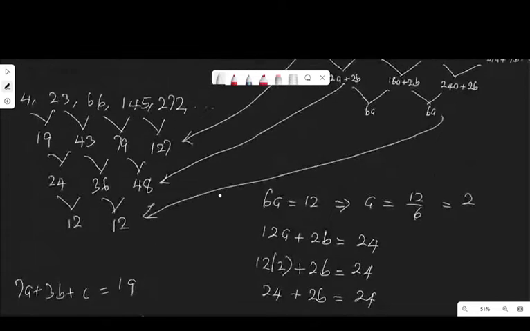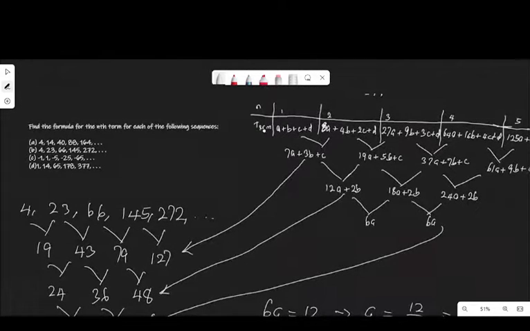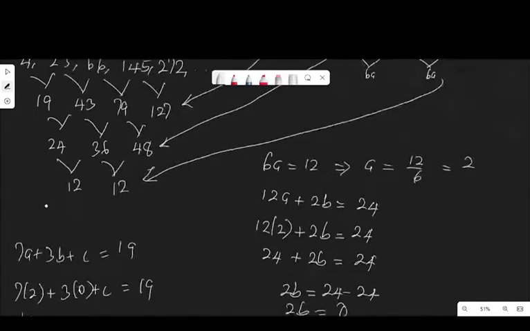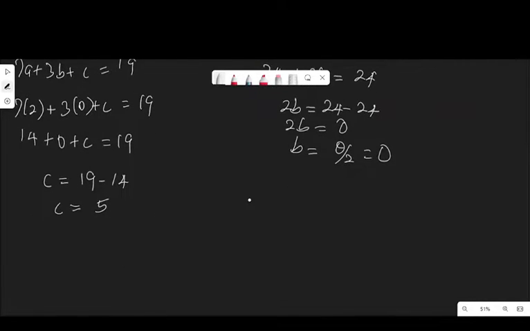To get the final value, which is d, we compare the first row here with the first row here, the sequence itself. So a plus b plus c plus d is equal to 4. 8a plus 4b plus 2c plus d is equal to 23, and so on and so forth. Let's take the first one in the rows. a plus b plus c plus d is equal to 4.